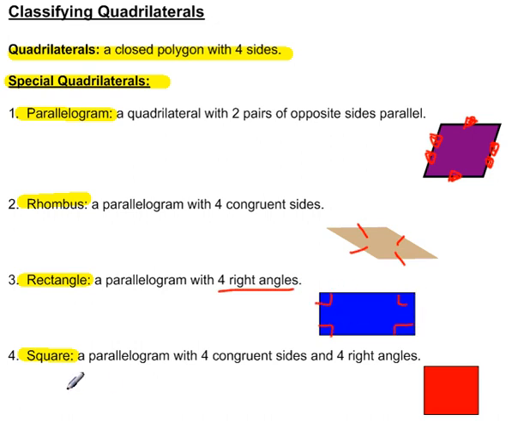Okay, and then a square is a combination of a rhombus and a rectangle. It's a parallelogram with opposite sides congruent. All sides are congruent, just like a rhombus. Four congruent sides and four right angles.